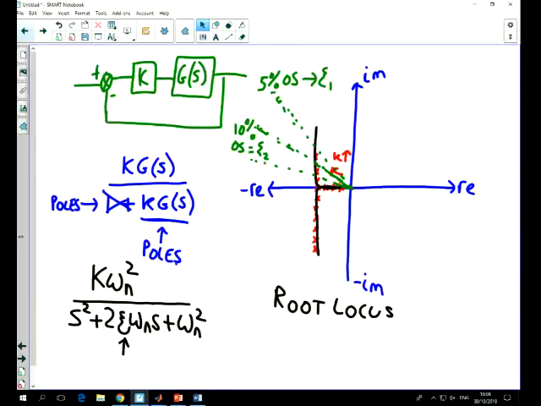If your overshoot spec was 10%, you could pick a value of k, essentially proportional gain, that would put your system's pole there, and it would have an overshoot of exactly 10%. We also know it's possible to put a pole there because we've already plotted the root locus of all the different poles.